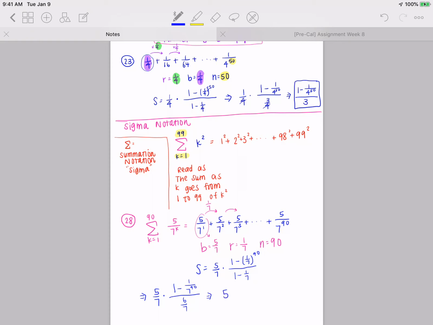We have 5 going into each of these: 5 minus 5 over 7 to the 90, all over 6, because the bottom gets canceled out. Okay, you can leave your answer as it is right at the beginning, or if you want to go ahead and solve for everything, you can do that too.